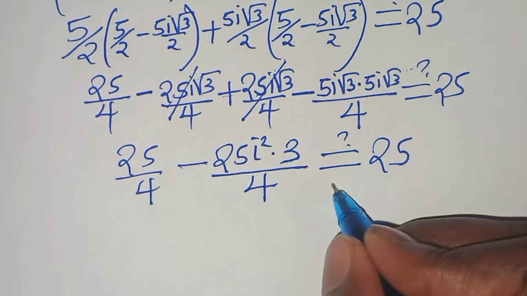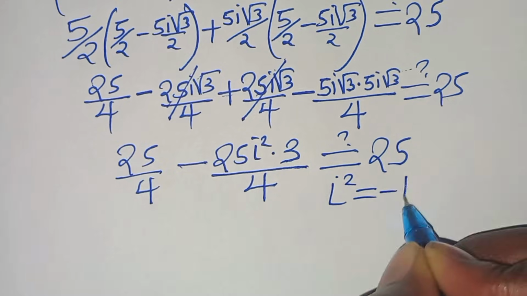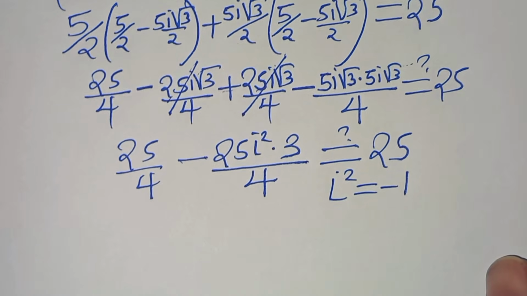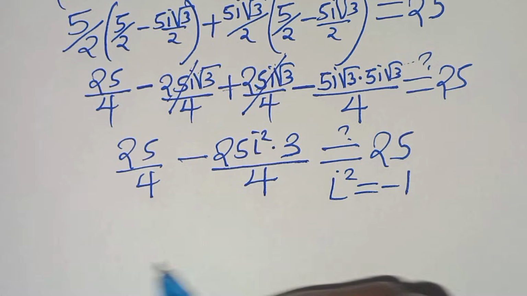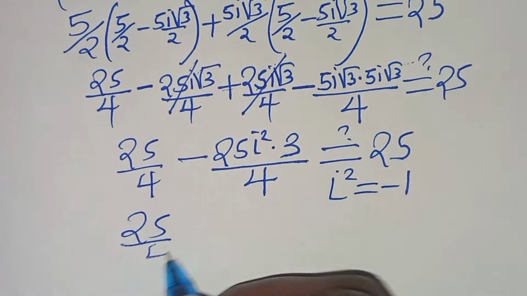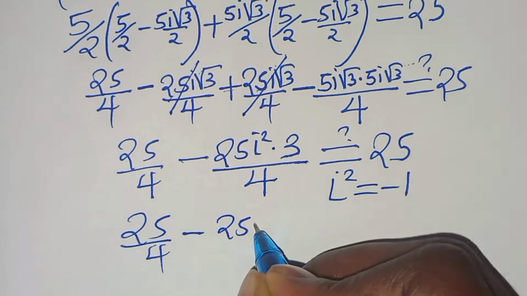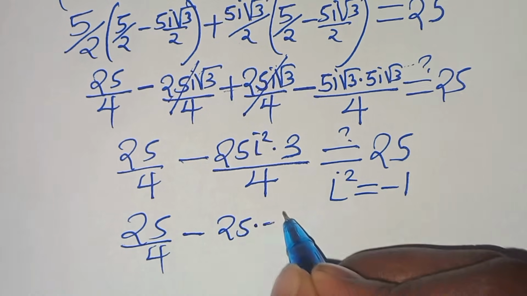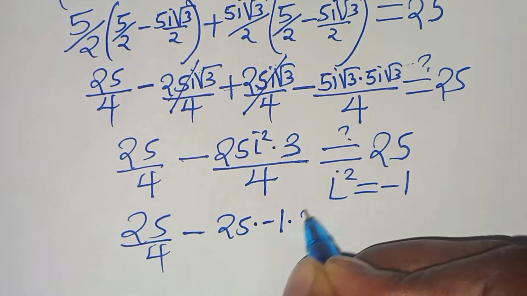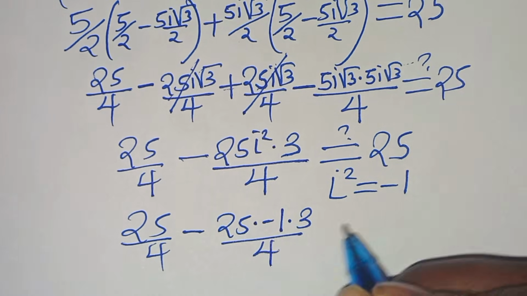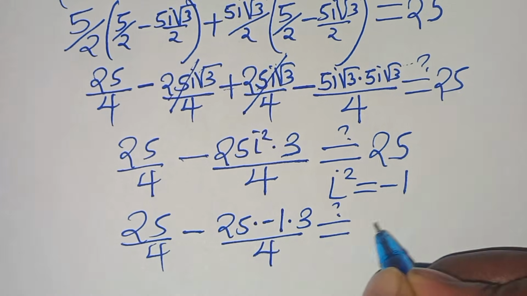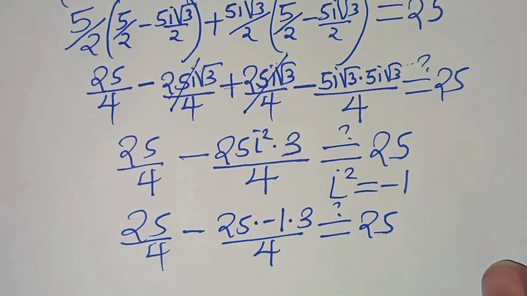Now, i squared is equal to minus 1. Let's substitute minus 1 here. We have 25 over 4 minus 25 times minus 1 times 3 over 4. This should give us a value of 25.